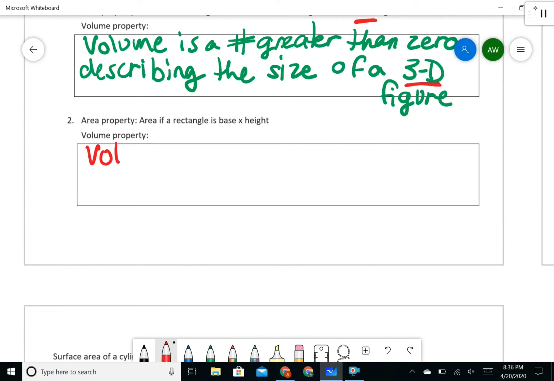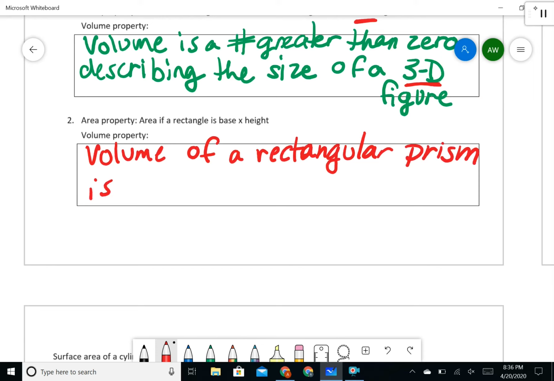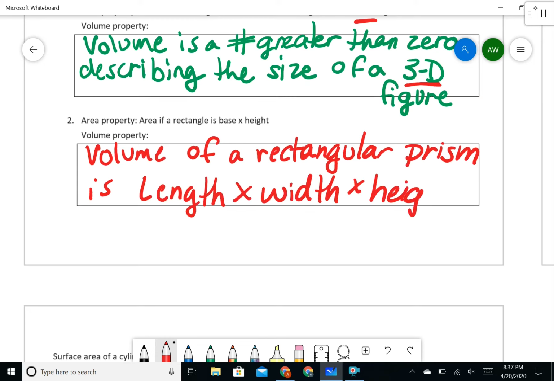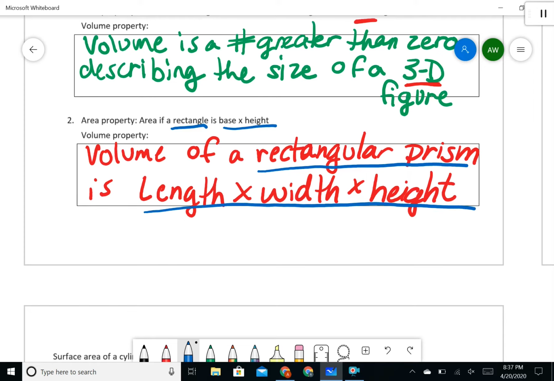So volume of a rectangular prism is, and we've already done this in an earlier lesson, length times width times height. So that means that rectangle became rectangular prism, and base times height became length times width times height.